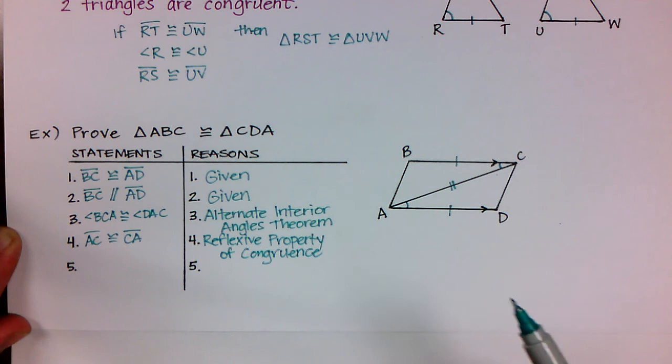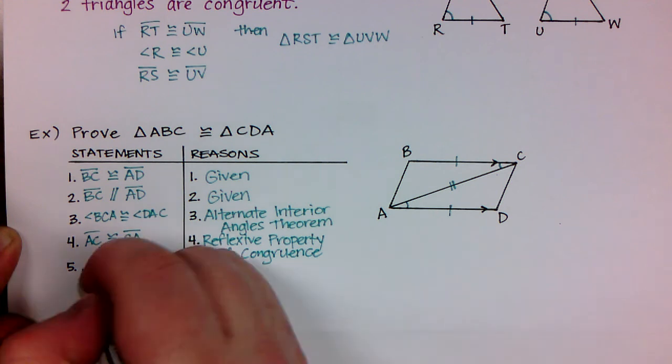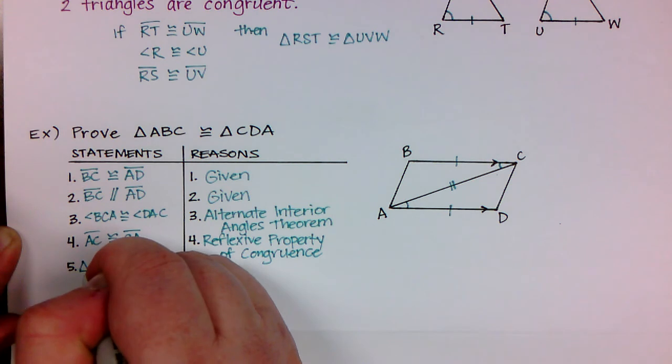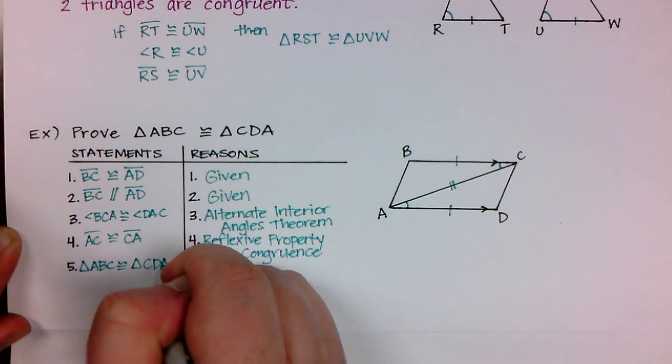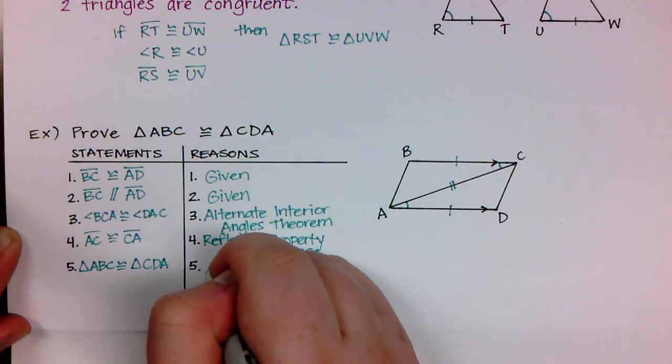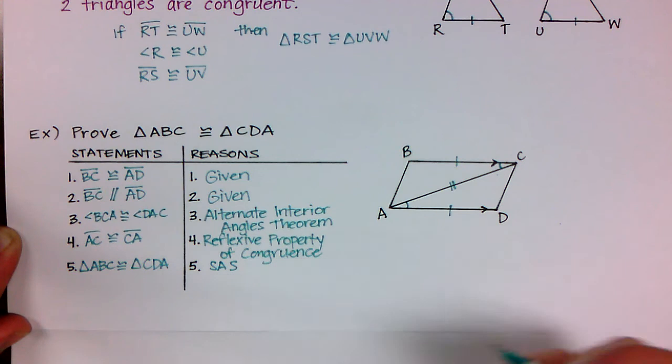So I have found a side, an angle, and a side that's congruent to another side, angle, and side. So I can conclude then that triangle ABC is congruent to triangle CDA because of the side, angle, side postulate.